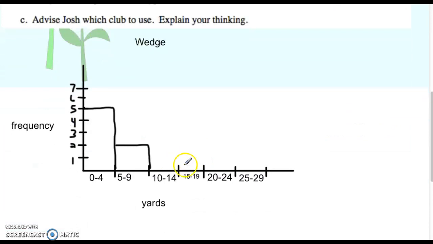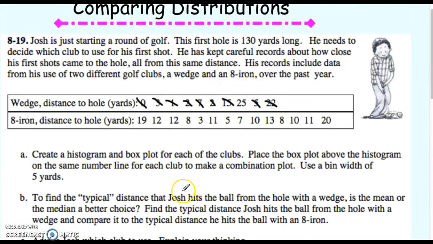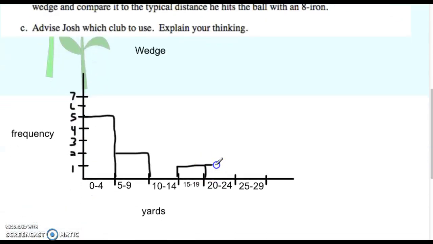So for my frequency here, I'll have 1. Then between 20 and 24, I have 1. And between 25 and 29, I have 1. So both of these are also just 1. Okay, so you're counting how many are in that range, and then that's your frequency.